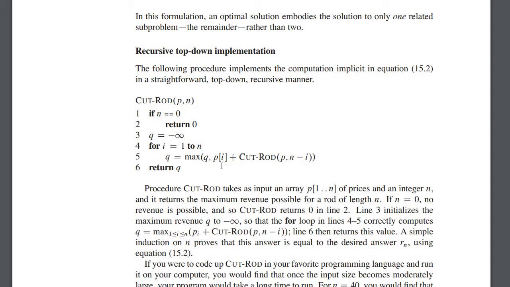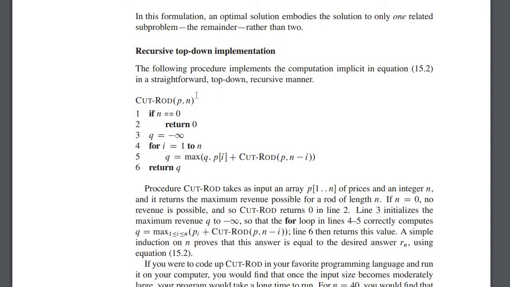Here i is again 1, so the value of p i is 1 unit, plus cut rod n minus i. Here n is 3 because this is the inner function, so 3 minus 1 gives me 2, and the next time it comes down, 2 minus 1 is 1, and when it comes down again, 1 minus 1 will be equal to 0.